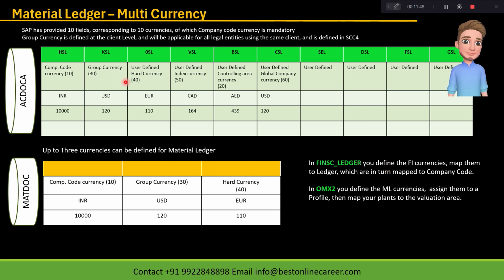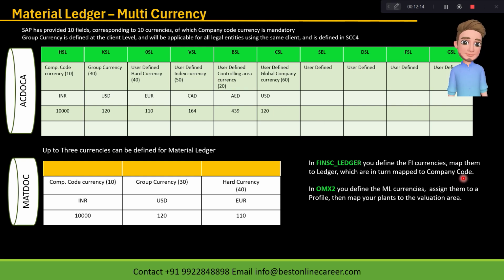See, I have defined what 1 is mandatory. So 1, 2, 3, 4, 5, 6. Six currencies I have defined. So it's your choice, your number. In how many different currencies you want to report is your business decision, but you do the configuration in FINSC_LEDGER. Now these currencies are mapped against a given ledger, and that ledger can be used by the legal entity.